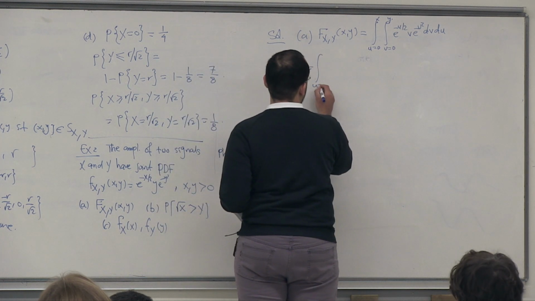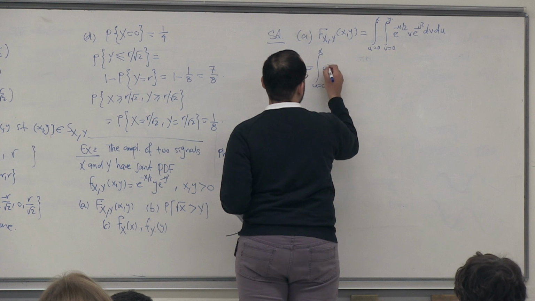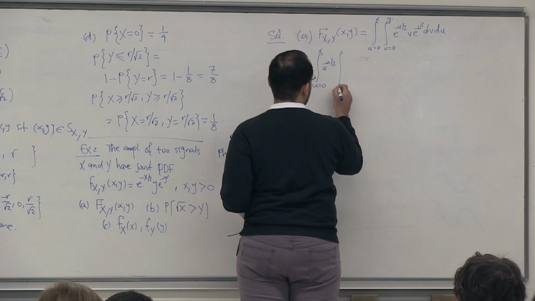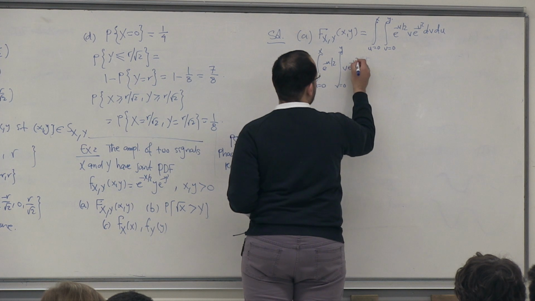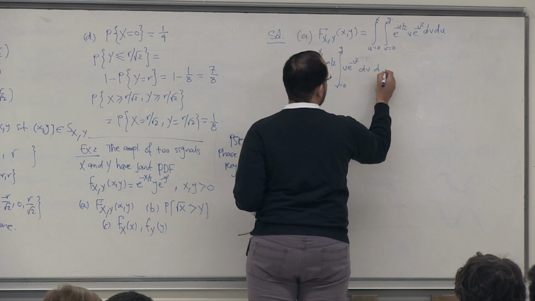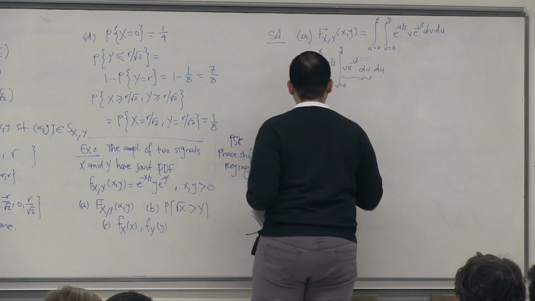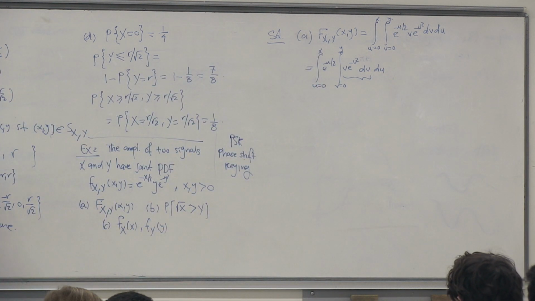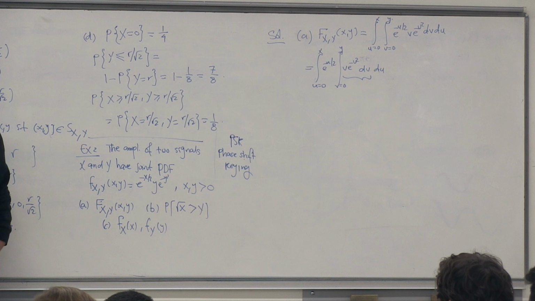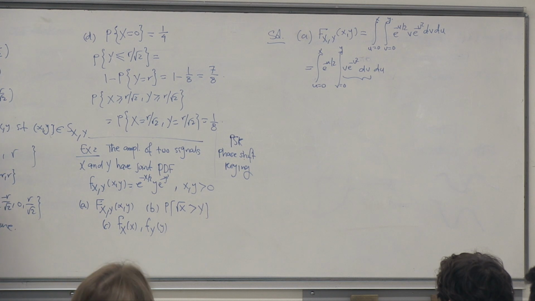So let's first simplify it a little bit. From 0 to x, e to the minus u over 2, the integration from v equals 0 to y, v e to the minus v squared dv du. How can we deal with this integration? It is much easier than doing it by parts.